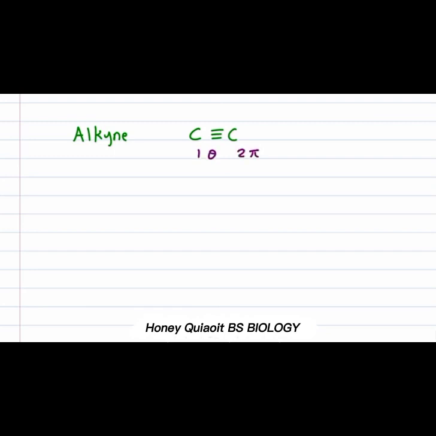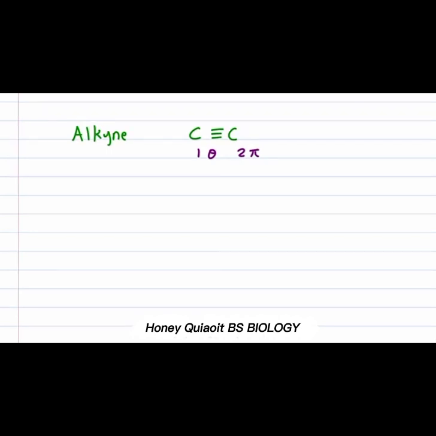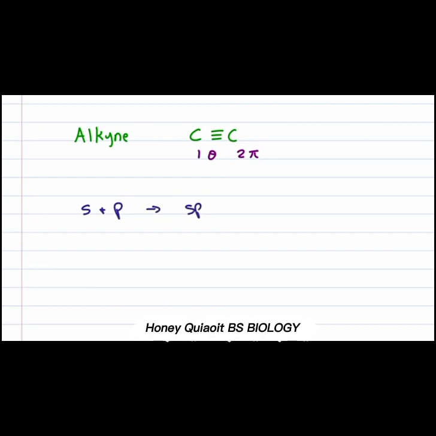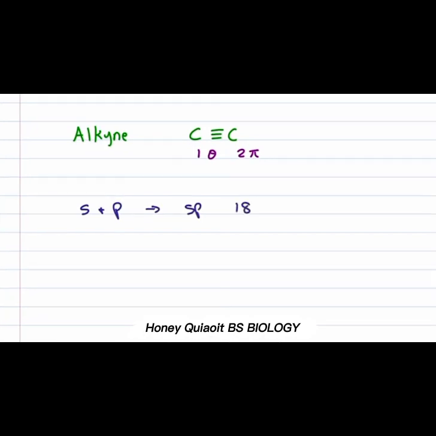The pi bonds exist in the y, or up and down plane, and the z, or forward and back plane, to have two pi bonds forming between the same two carbons. We have to combine one s and one p orbital to give us an sp hybrid, which means the molecule has a 180 degree bond angle.